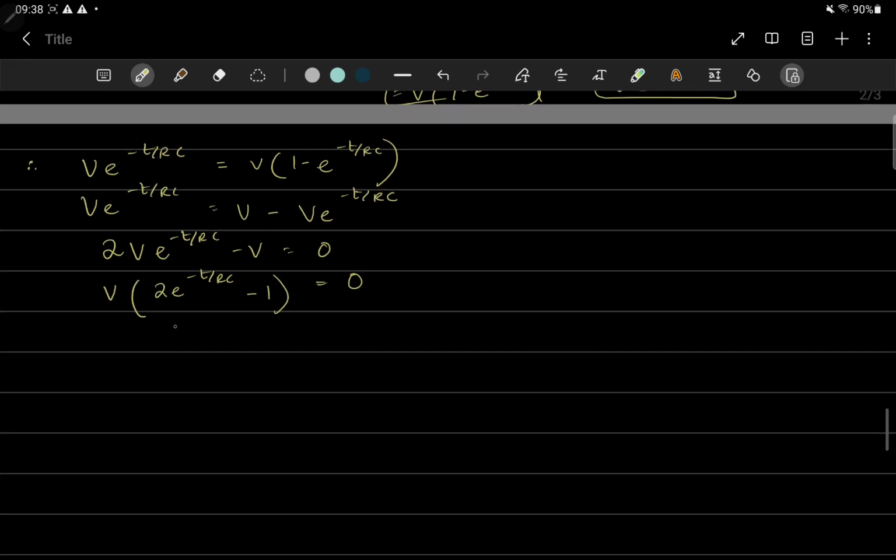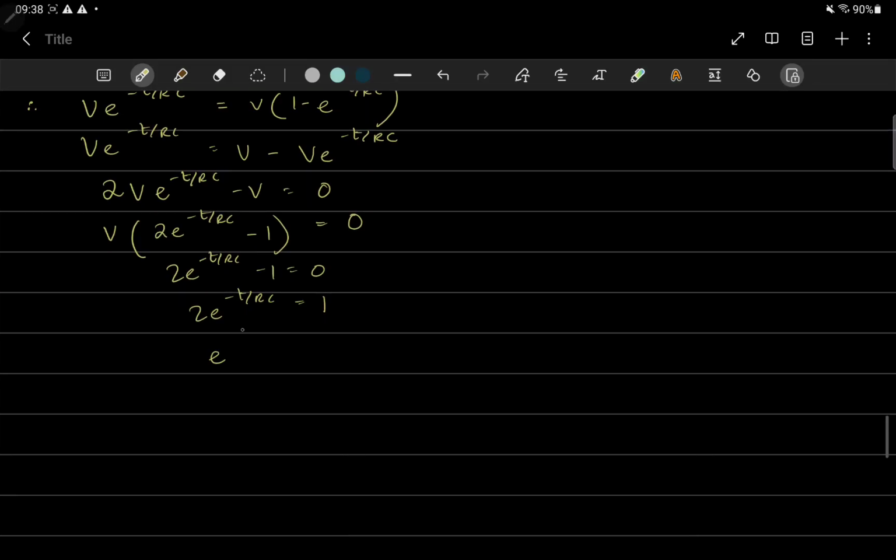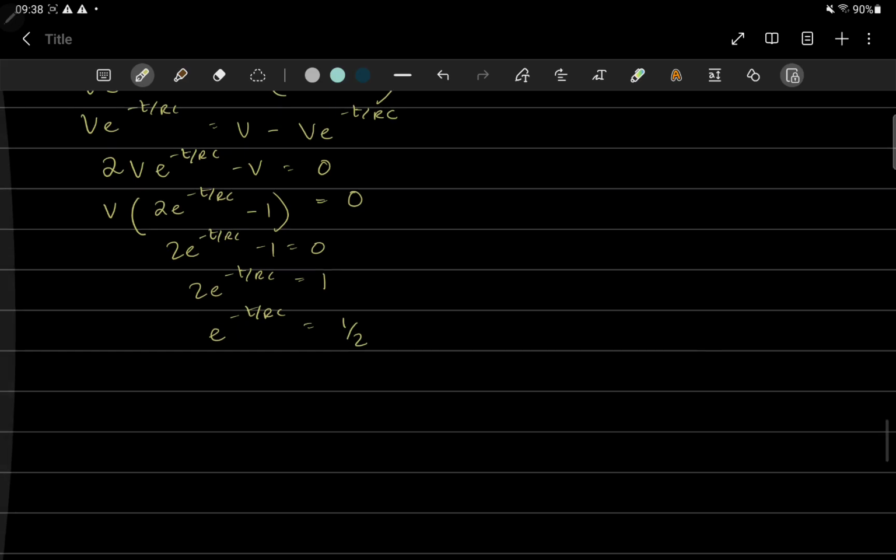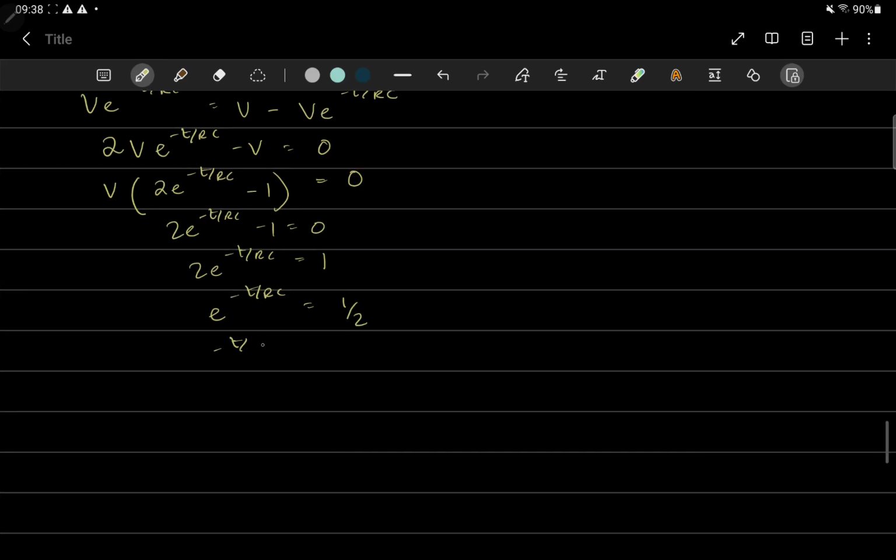And therefore V is gone, so you get 2 e to the power of minus t by RC minus 1 equals 0, so 2 e to the power of minus t by RC equals 1, and therefore the exponential is half. Therefore I can take a logarithm on both sides, and this will be minus t by RC equals ln of half, or I can write this as the logarithm of 2 inverse, which would just give me a minus up front.